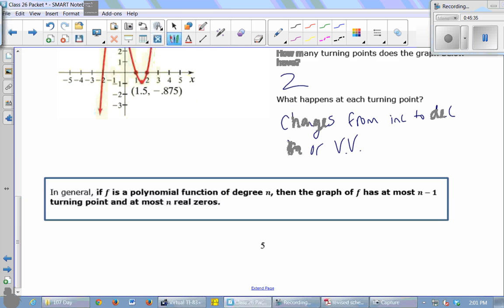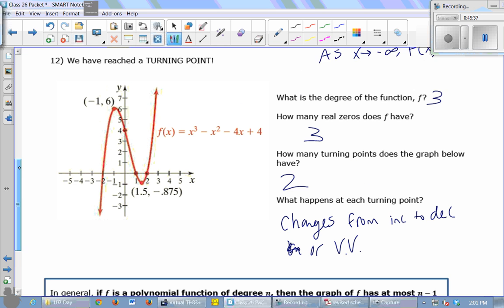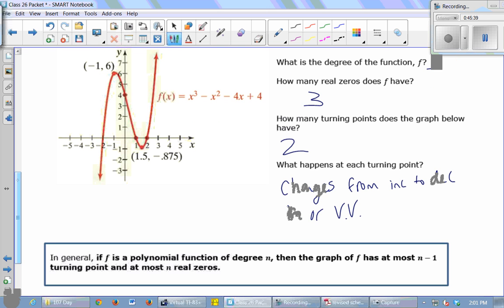All right, so our conjecture about the degree and the number of zeros being the same is almost right. It's not always the same, okay? It turns out that if a polynomial has degree n, then it can have at most n zeros. It might have fewer, right?